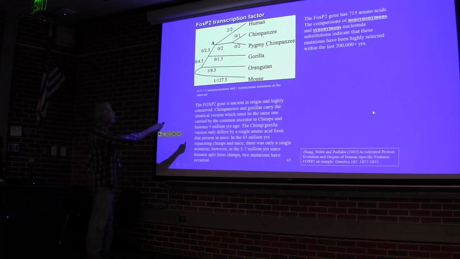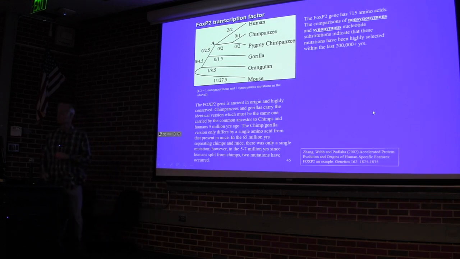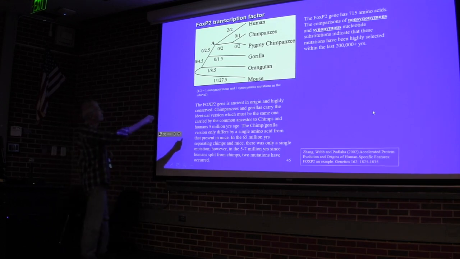And then from mouse to gorilla, there's 1 to that branch point, 0, 0, so just 1 from mouse to gorilla. And of course, to chimpanzee, from mouse to this branch point, there's 1, then 0, 0, 0, 0, just that 1.